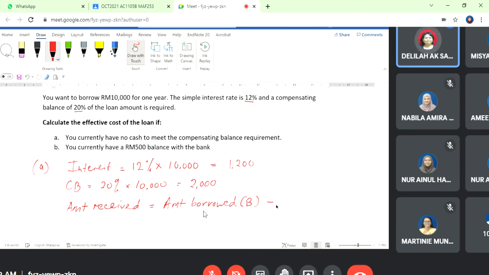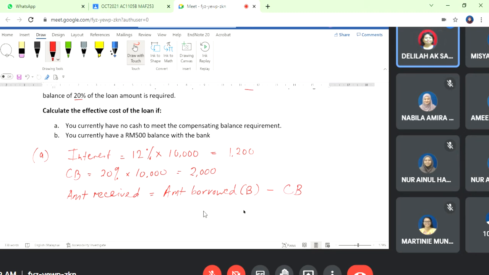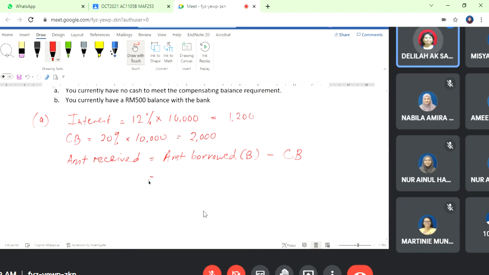So amount borrowed B minus the compensating balance. We want to borrow 10,000. Kita mohon dari bank 10,000. Bank says you must have 2,000 ringgit minimum in your account. So tolaklah 2,000 compensating balance ni, which means you are only going to receive 8,000 ringgit.